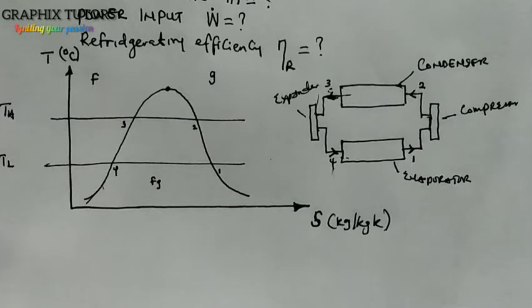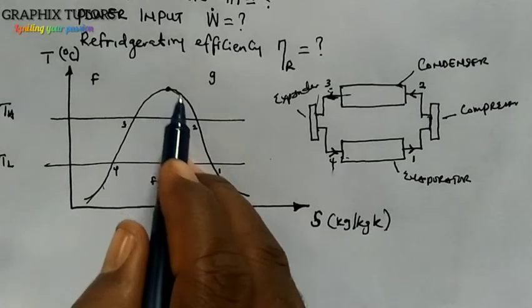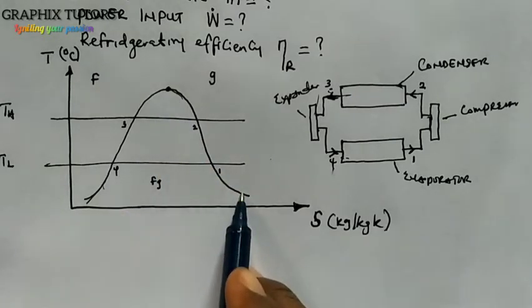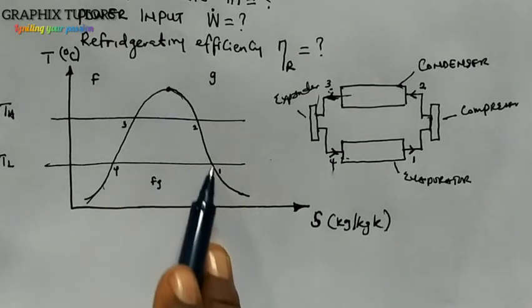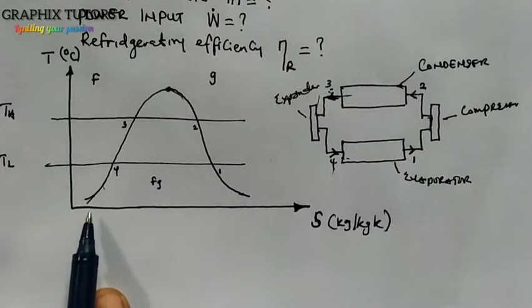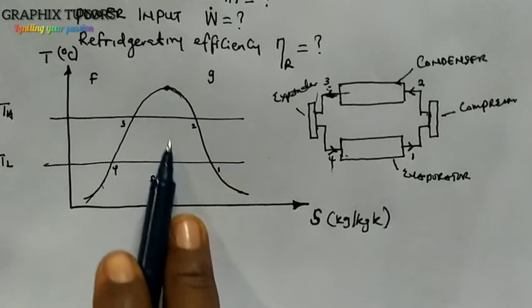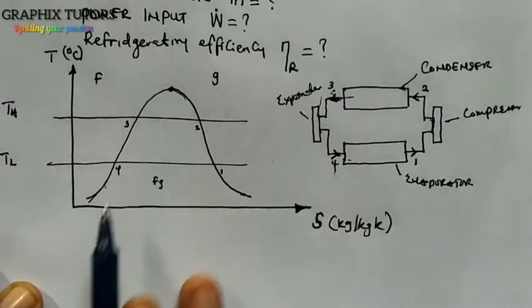Now, what you do here is this. In our question, one thing you need to know: from this side down here, we say it is what? Gas. So anything that falls from here down here is gas. Anything that falls from here down here is what? Liquid. And anything that falls in the middle is what? Both gas and liquid. That's why they call this region the wet region.